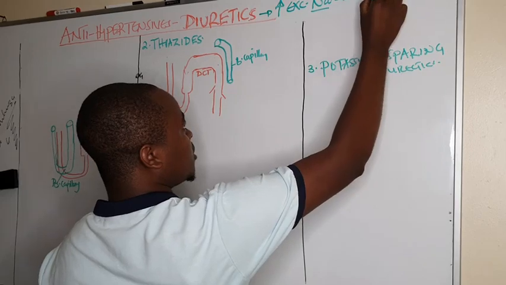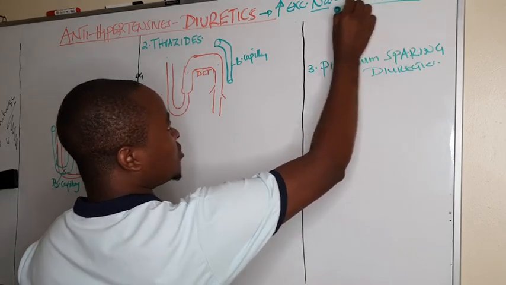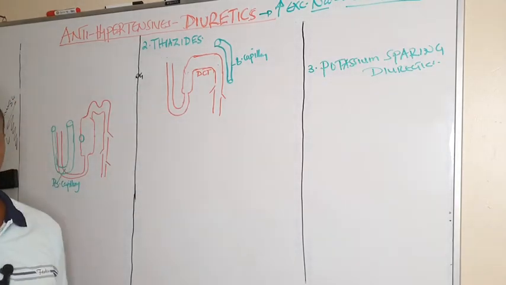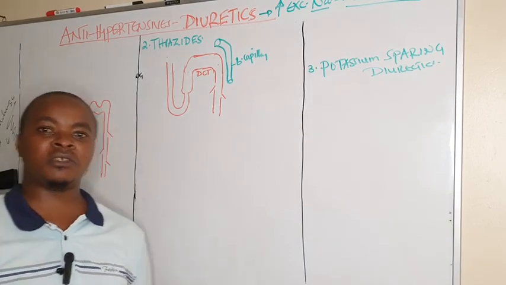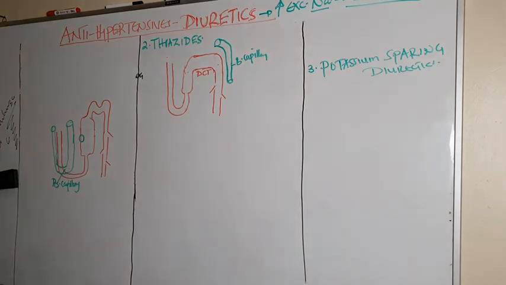It increases urination. So the majority of the diuretics act by increasing urination due to loss of sodium, chloride, and other electrolytes.